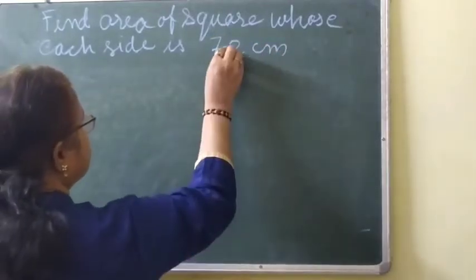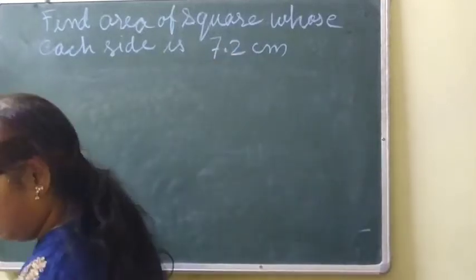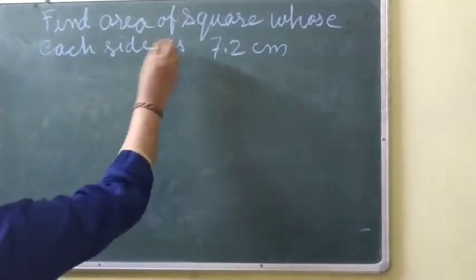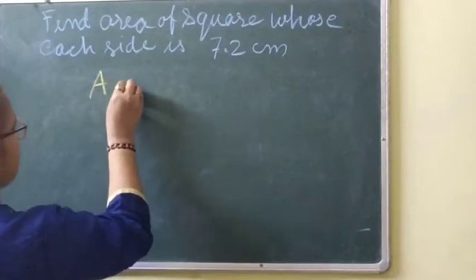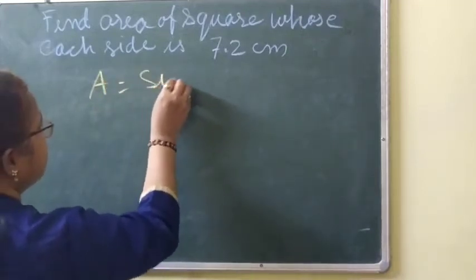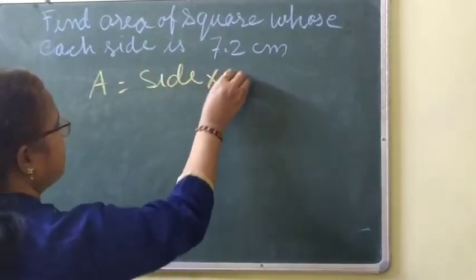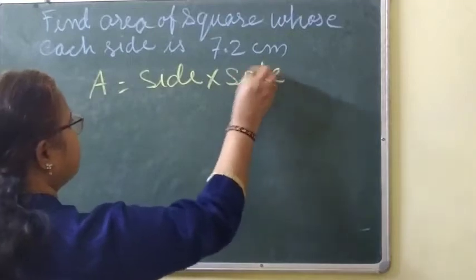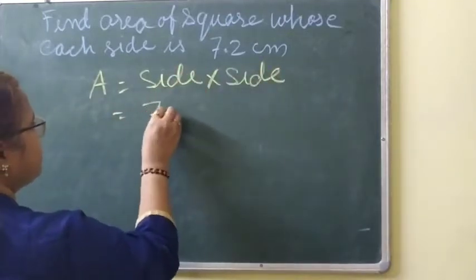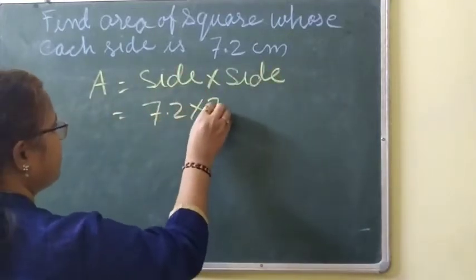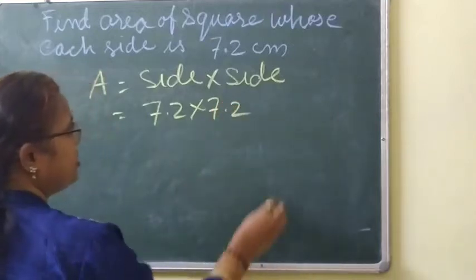Clear? This is the question. Here we have to find the area of a square. And you know what the area of a square is: side into side. So what is the side given? 7.2 into 7.2. So let's multiply.